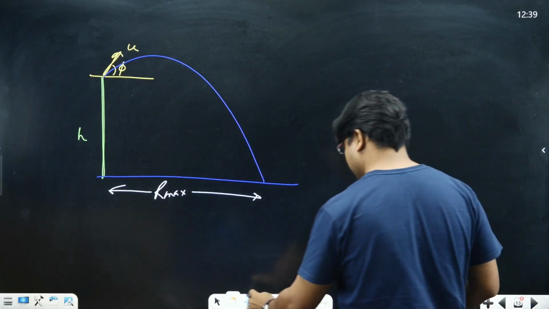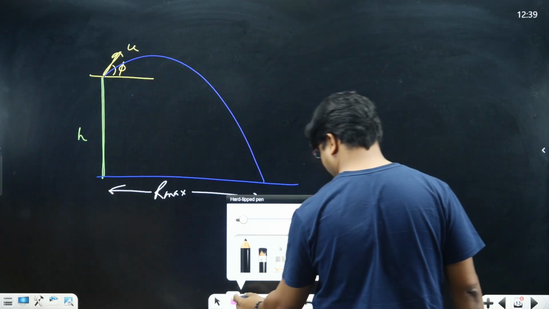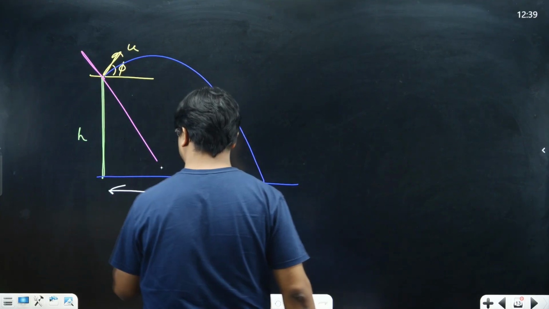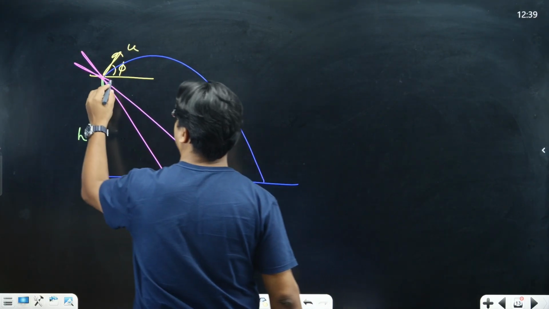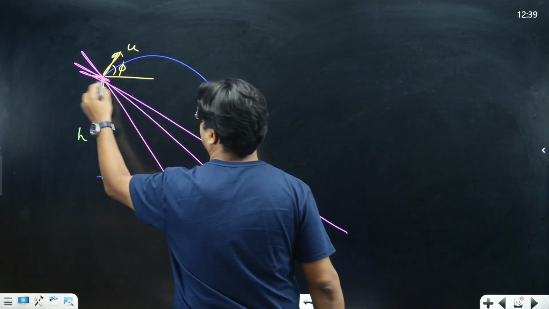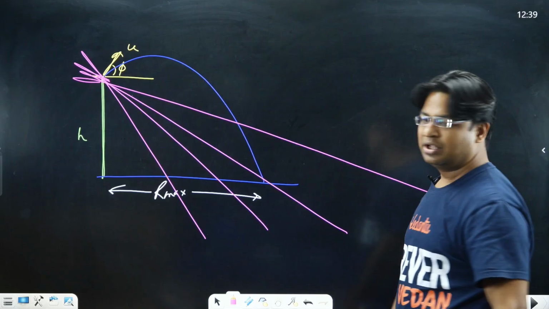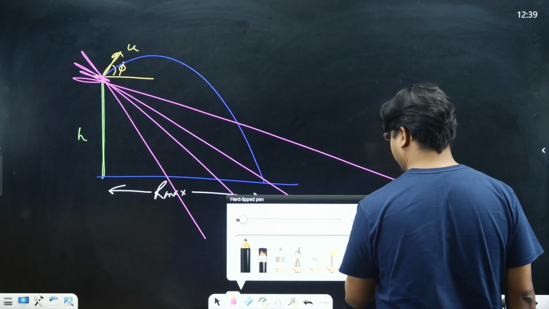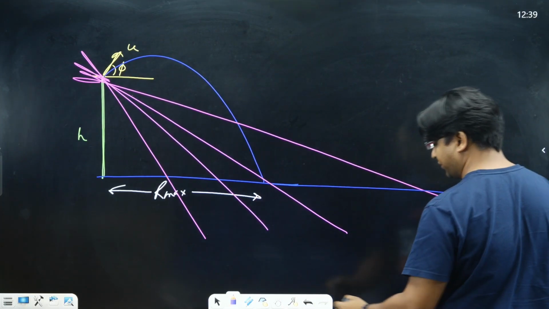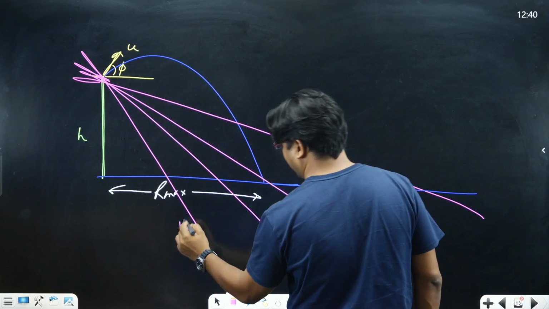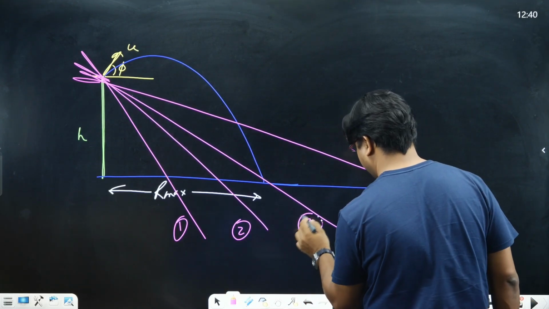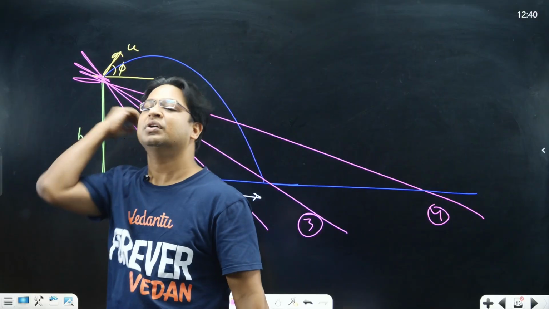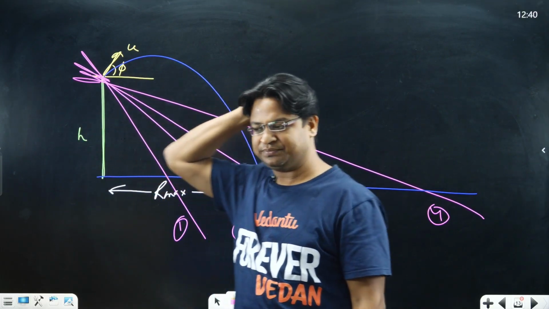Now suppose I start drawing inclined planes passing through the point of projection. So this is one incline, this is another incline that we can draw, and another, and another. So we can draw infinite inclined planes through the point of projection. Like we can draw 1, 2, 3, 4, and so on.